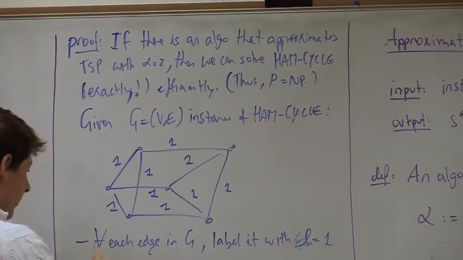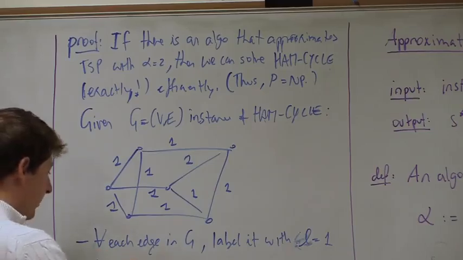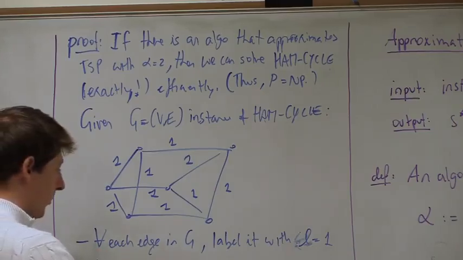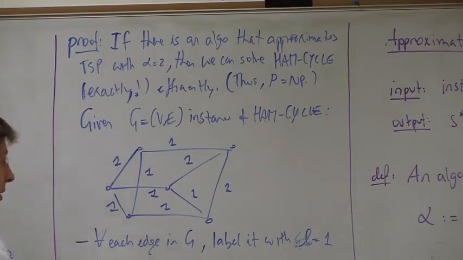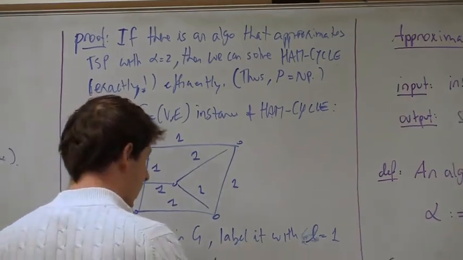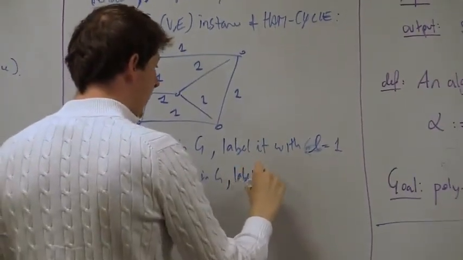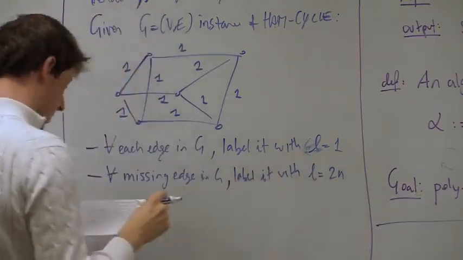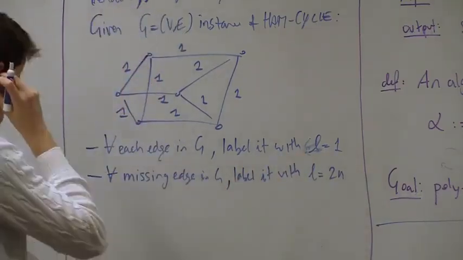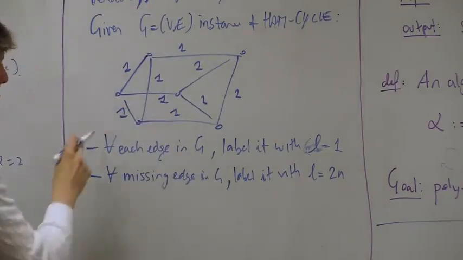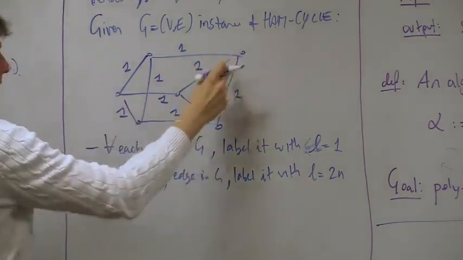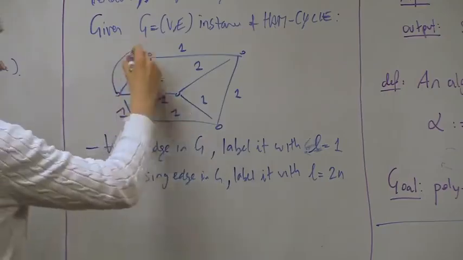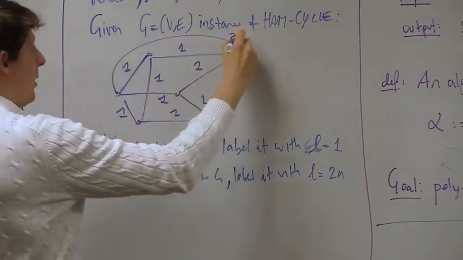Then for every missing edge, namely some edge that is not in the edge set, among all possible n squared edges, label it with a distance that is 2n. So for example, this edge from here to here is not part of the graph, so I'm going to add it, but I'm going to label it 2n.